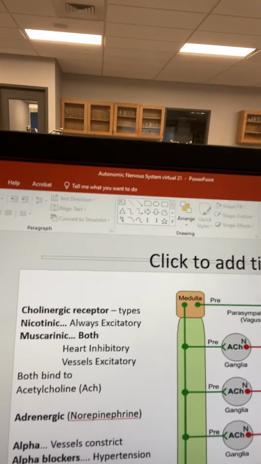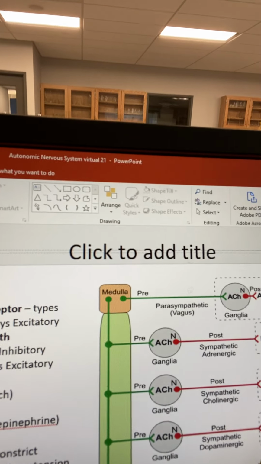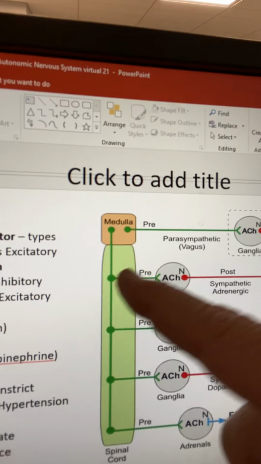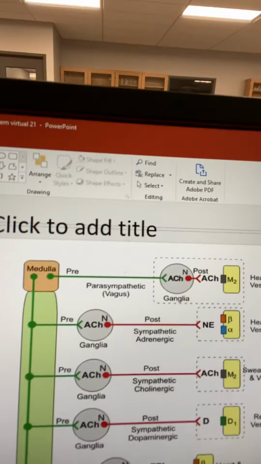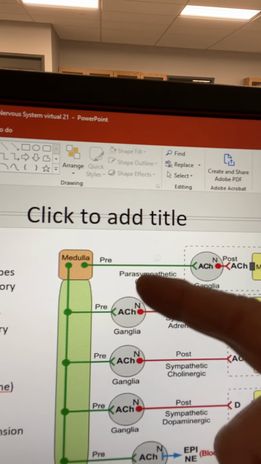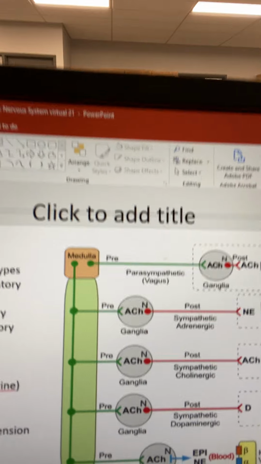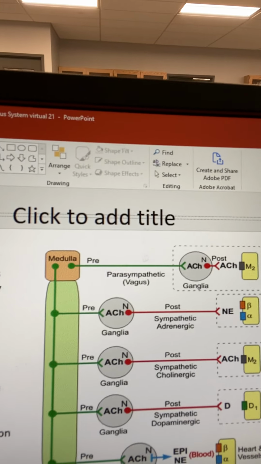Then when we talk about the sympathetic division, we had said acetylcholine is always the neurotransmitter substance at the ganglion, and you're always going to have this nicotinic receptor there.